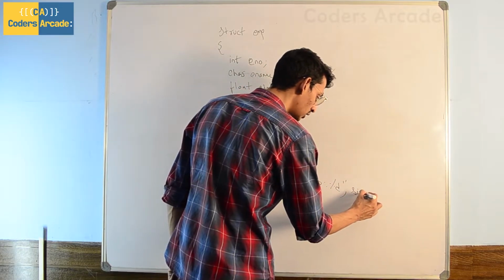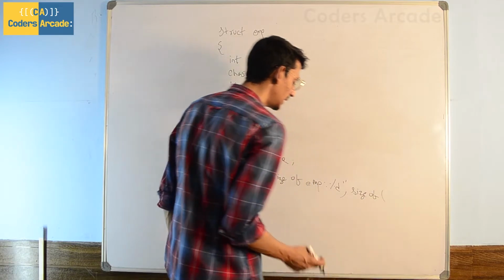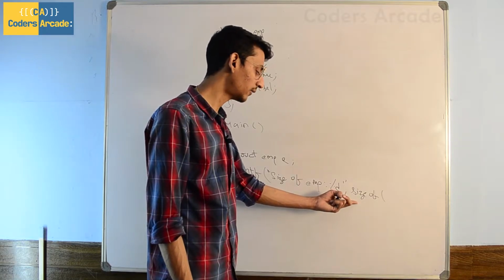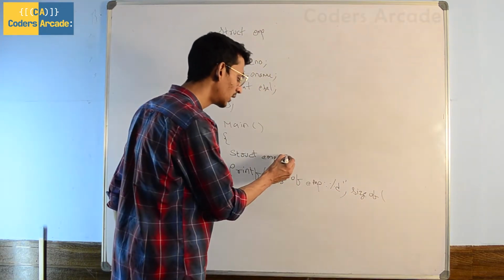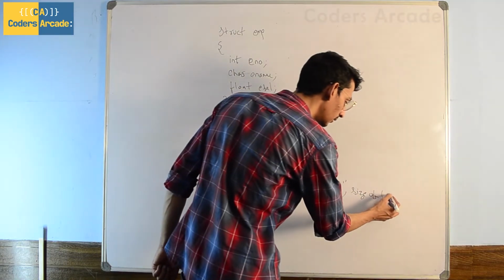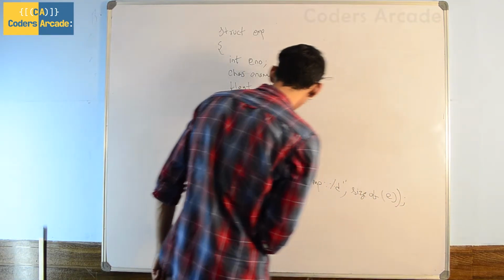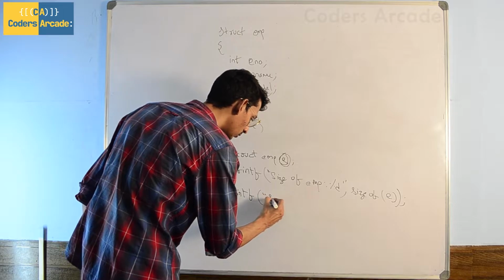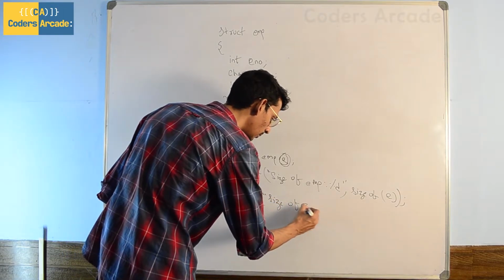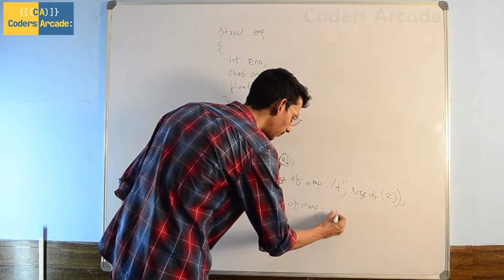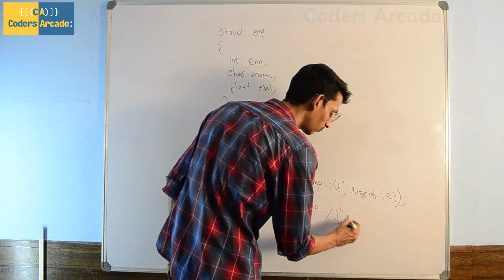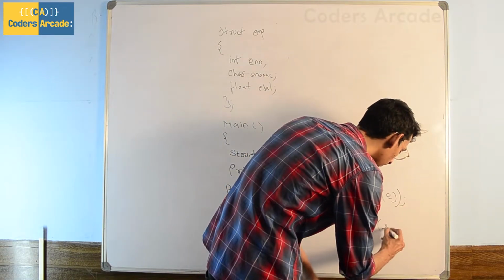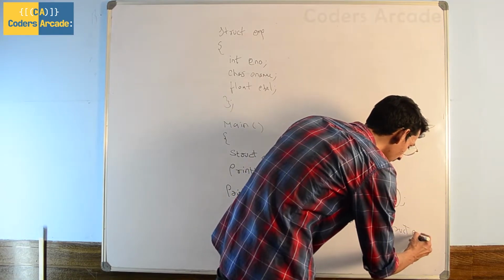We are using the function sizeof. Inside this function, we can either use our internal pointer variable E, or struct employee, a user-defined data type.